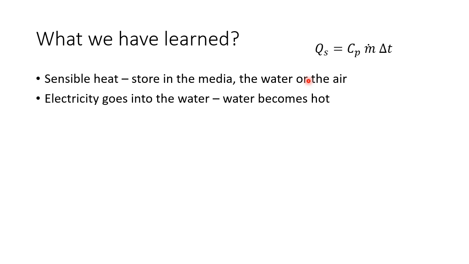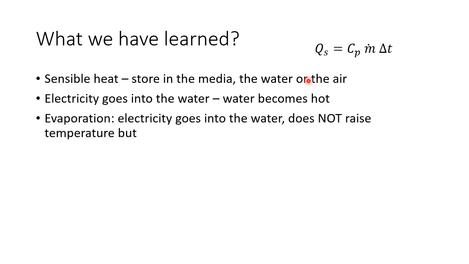So there's a temperature rise, and there's energy stored in the water, and that energy is called sensible heat. And it comes from electricity. Okay, and if the temperature doesn't change, for example, when we boil the water, the temperature reaches 100 degrees and doesn't go further. So the sensible heat doesn't change.